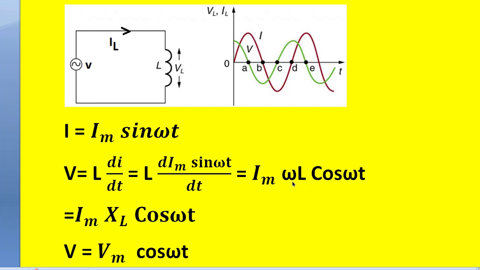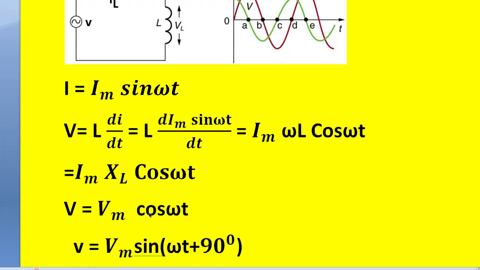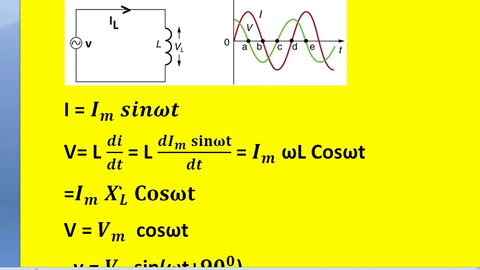So this omega L is nothing but the reactance of the inductance, represented by XL. So Im into XL into cos omega t. This Im into XL is nothing but the voltage drop across the inductor. So we say V is equal to Vm cos omega t.